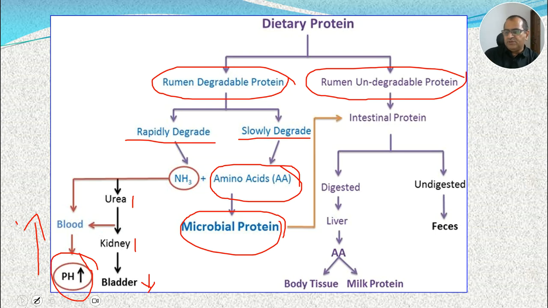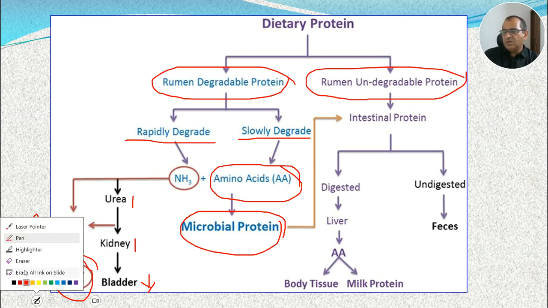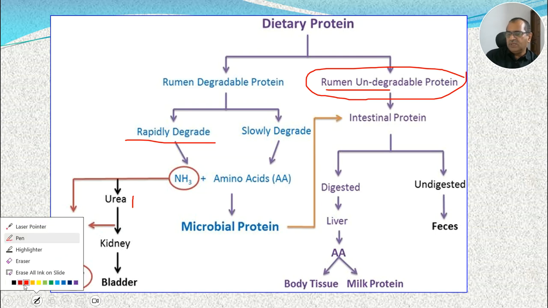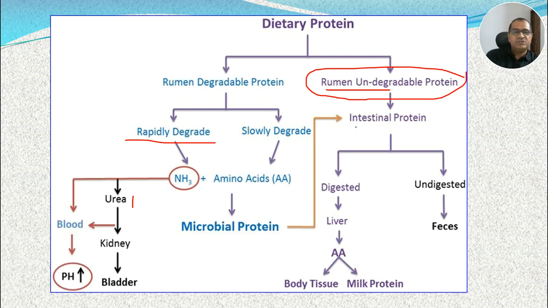Now we will see what happens to the proteins after the rumen. They become the intestinal proteins, and some of them are digested and some of them are undigested.